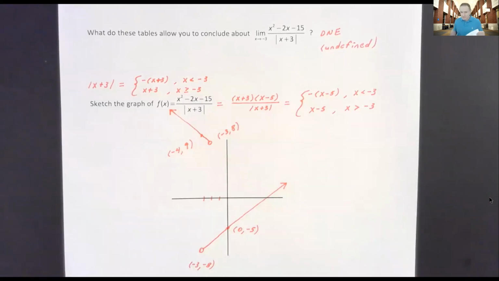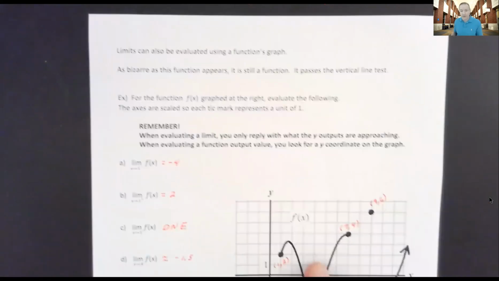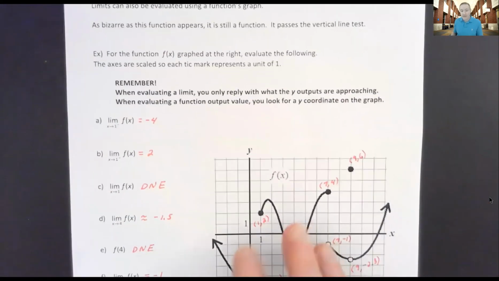Now, what we haven't done to this point in terms of limits is actually look at a graph and try to determine the limit. We've determined limits through the use of numerical methods, trying to see what happens as x gets closer and closer to some value a from the left and right-hand side, but we haven't physically looked at a graph of that.